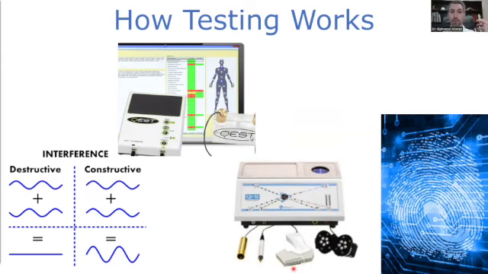If we find the signature for a parasite or a fungus, we know you have that. And then we're asking the body what remedies, both physical and energetic, can balance by using constructive or destructive interference. And that is how bioenergetic testing works and what it is and why it's so important that we use something that can test you at the causal level to find out what your real cause is.